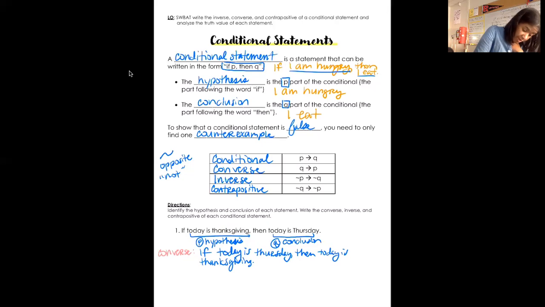Next, we're going to find the inverse. Remember, the formula for inverse is not P, then not Q. Same as the conditional, but you just put not in front of the hypothesis and the conclusion. So for this one, if the original statement was if today is Thanksgiving, that was our original hypothesis, we're going to just put not.